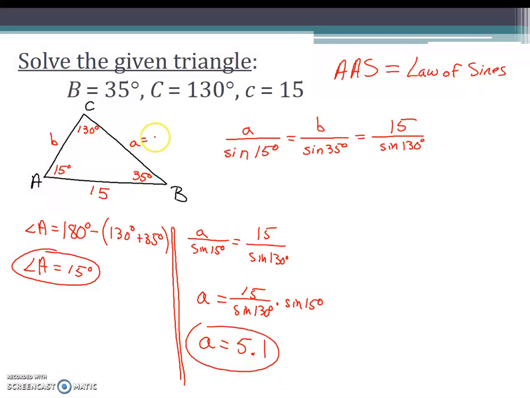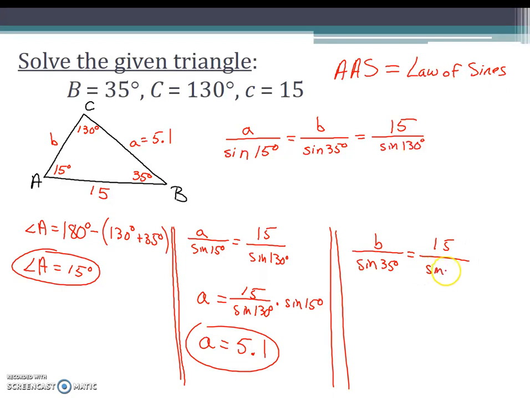I like to write it into the actual diagram just for completion's sake. And now I can deal with this portion of it. Same exact algebraic procedures. Multiply both sides by sine of 35 in this particular case.